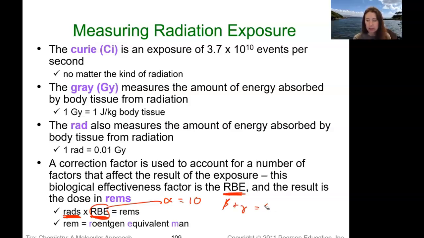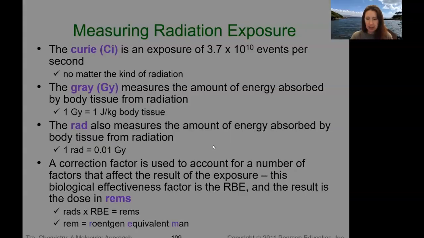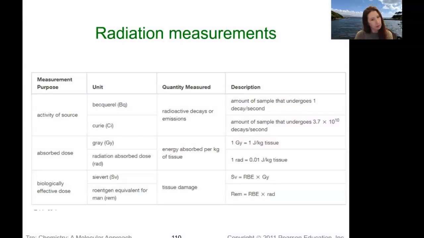Remember we talked about how alpha is like a semi-truck, so if that actually gets into your system, it's incredibly different because its ionizing potential is so great, because it's so big and can make so much damage. But remember, you can stop it with a piece of paper. So as long as the alpha doesn't get into your system, it's not damaging. But if it does get into your system, you can see 10 times whatever the exposure was because of the alpha.